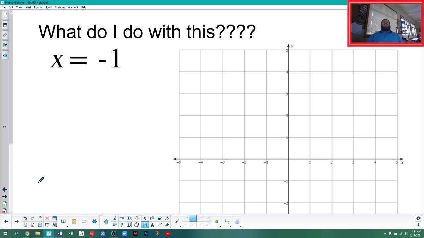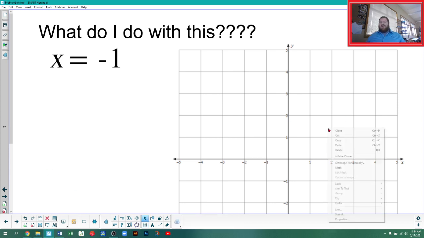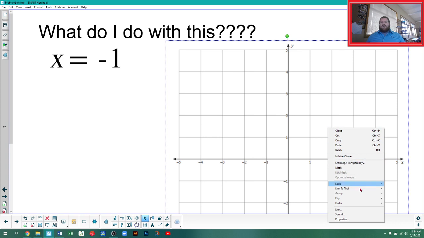Or even x is equal to -1. Or even the x value is -1. I know it seems weird, and I seem weird, but I'm in an empty room. It's still weird. I'm talking to myself. I'm good with that. But what we want to think about is, when does the x value equal -1?